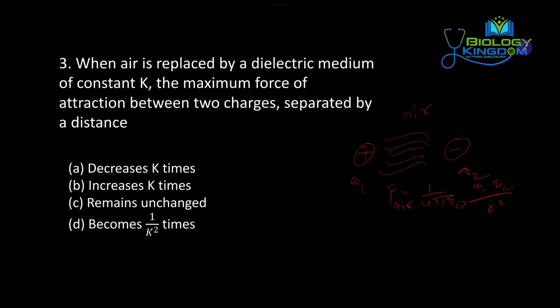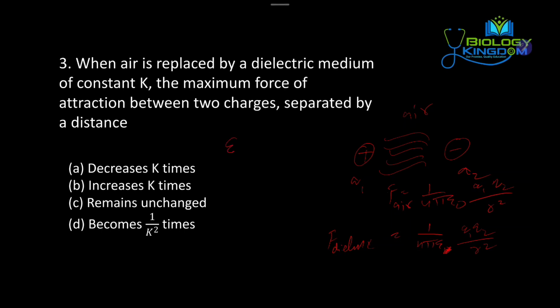But if in place of air we take another medium, let's suppose a dielectric, then the force will become 1 by 4 pi epsilon Q1 Q2 upon R square, not epsilon naught but epsilon. So the only difference here is the permittivity, because in air the permittivity is epsilon naught and in the dielectric it is epsilon.